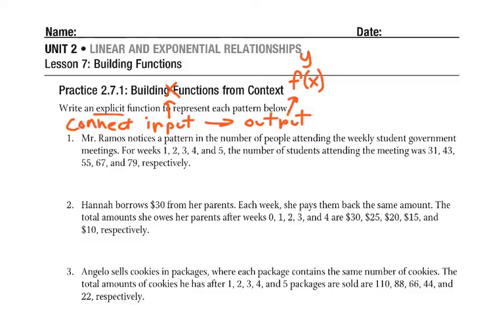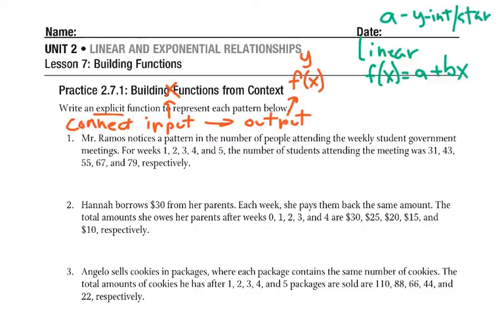Now, the other thing to remember is our explicit equations for linear, straight lines, which is addition over and over and over, so we would go f of x equals a plus b times x. Here a is our start number, our y-intercept, or we could also call it the start.